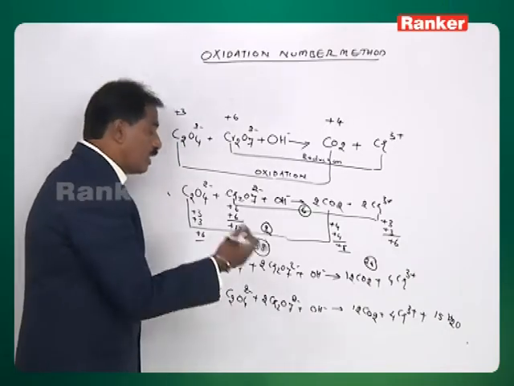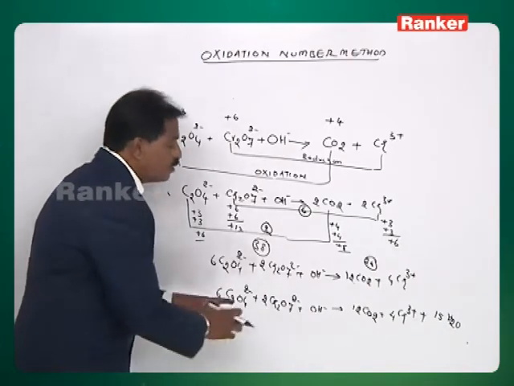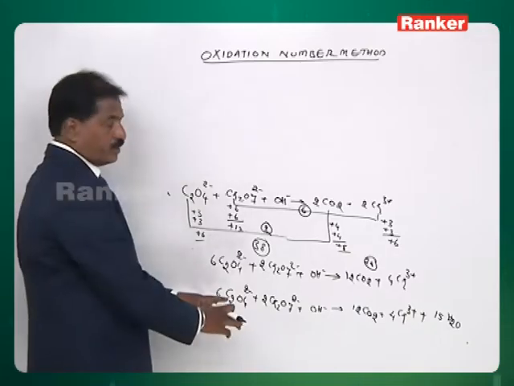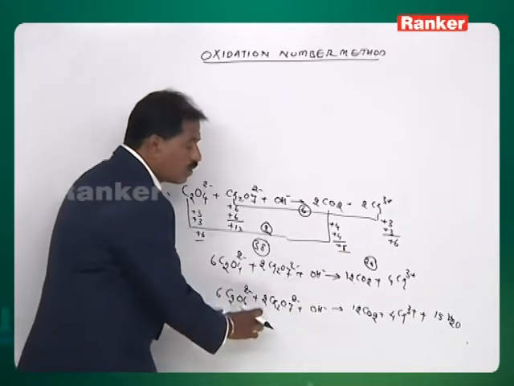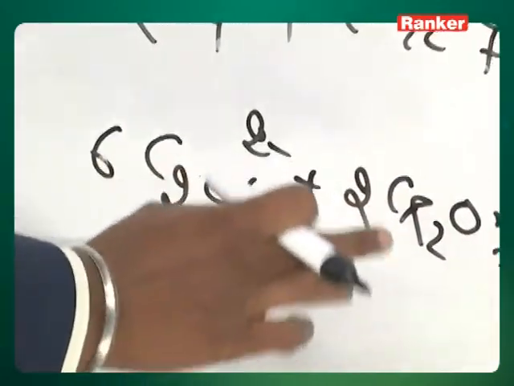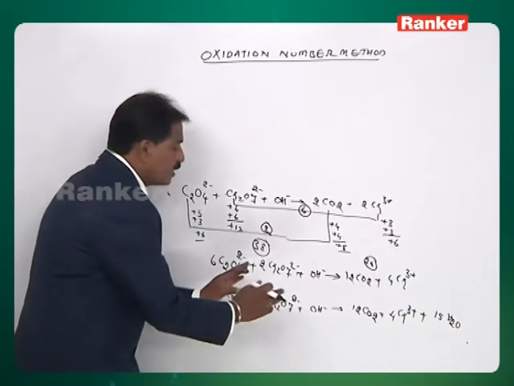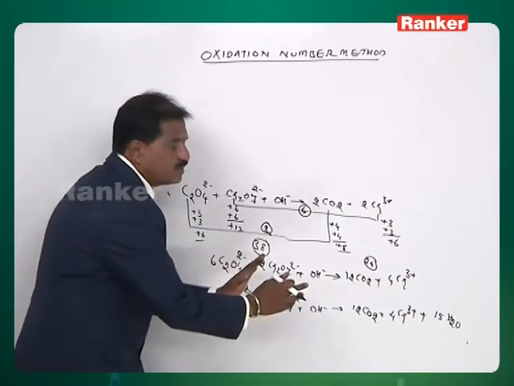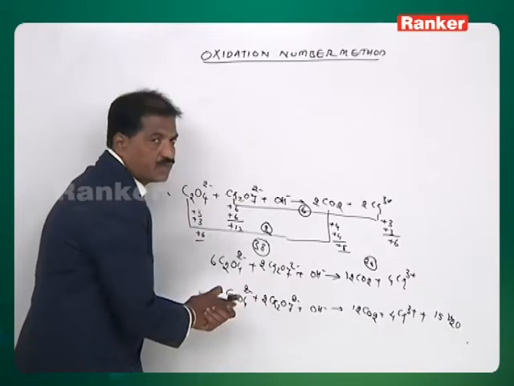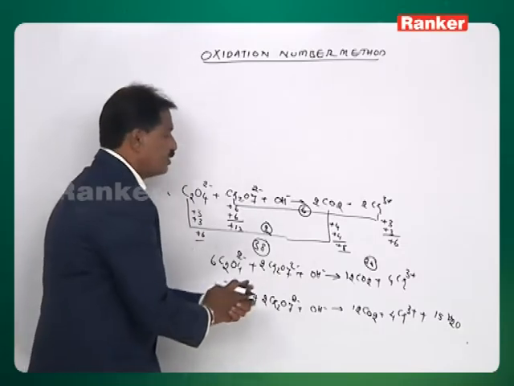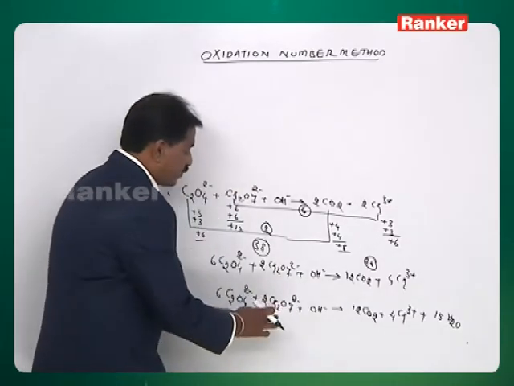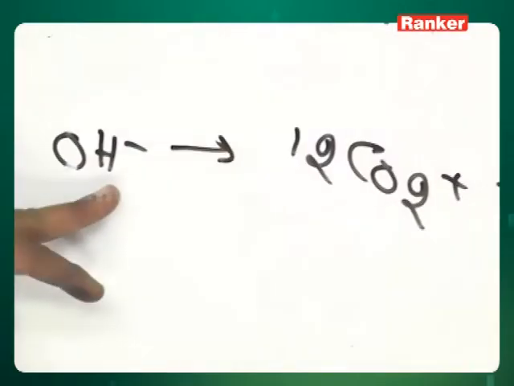Next, after balancing the oxygen atoms, now we have to balance the hydrogen atoms. So for balancing of the hydrogen atoms, again you just verify which side is excess and which side is deficient of the hydrogen atoms. Here in this reaction, on the left side we have only one hydrogen atom.